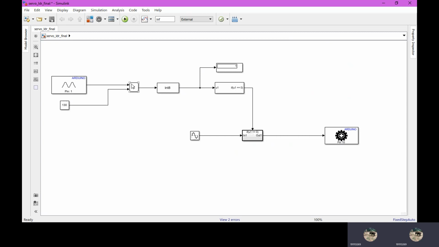So the servo motor will rotate until it finds that particular value of sunlight which is above a threshold value. So this is the gist of this project. So now let us see the kind of signal I am providing.